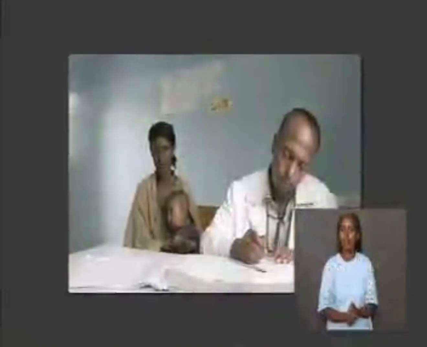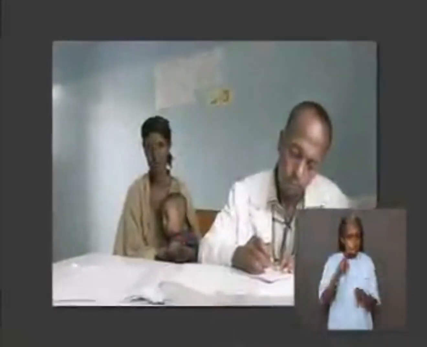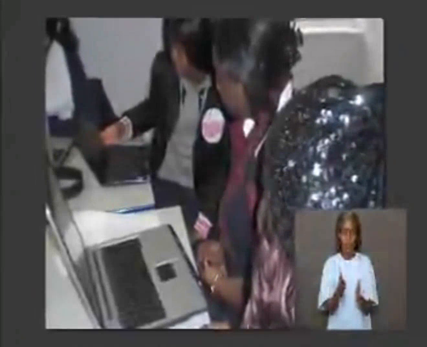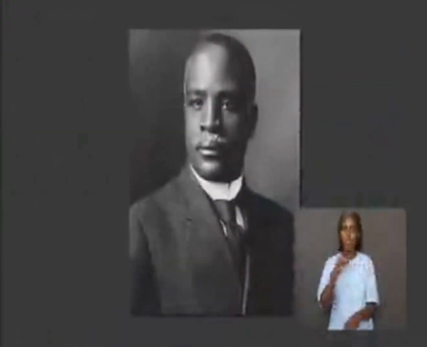Other people that use scientific notation are doctors, engineers, geographers, biologists, and, of course, mathematicians.